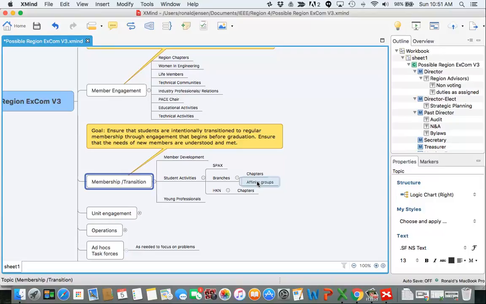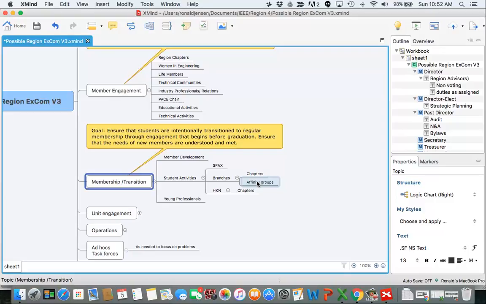So we don't necessarily develop students as well as we want, realizing that in many cases, student branches are more like university clubs. In fact, they're run by the university. Their finances mainly come from the university, and we're not really the financial support for them.